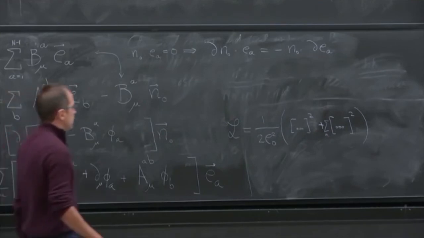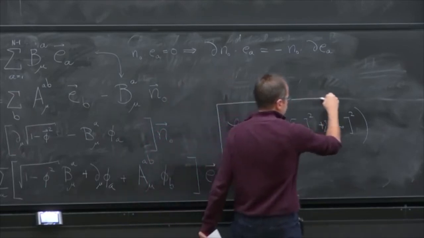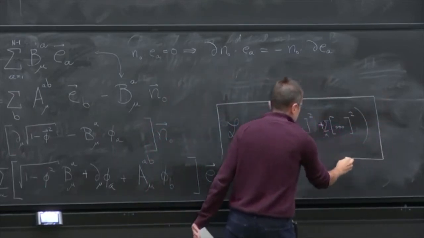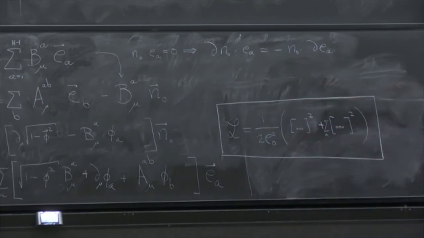Good. So we managed to plug slow plus fast inside the Lagrangian. Now we have to integrate out fast. That's what we are going to do now. So let's write it.